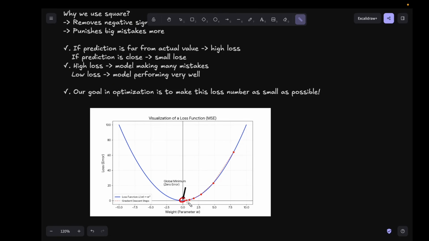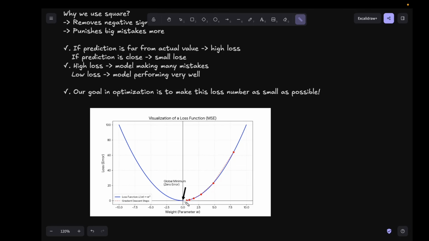Once it gets to this point, the global minimum, the model, or the ball, has zero error. So the model comes to this point step by step, and when it reaches the global minimum, the model has zero errors. So that's how it works.